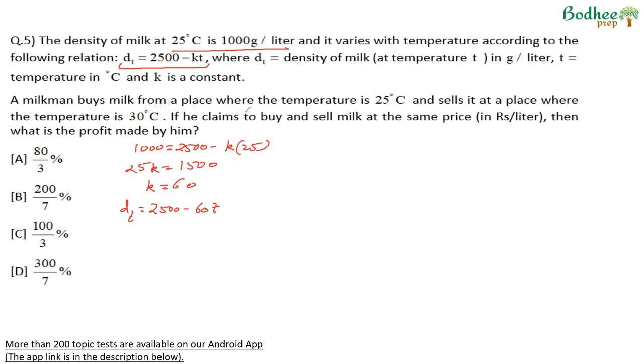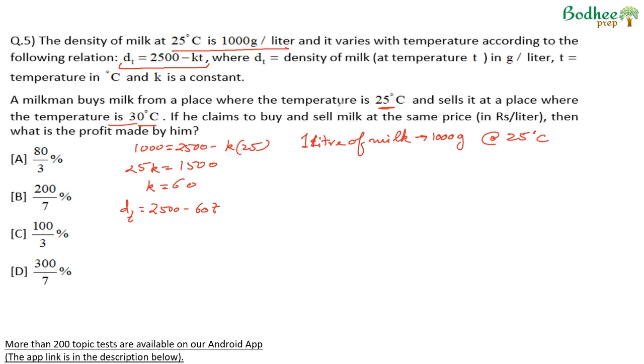A milkman buys milk from a place where the temperature is 25°C and sells it at a place where the temperature is 30°C. Suppose a person buys 1 liter of milk, which will be 1000 grams at 25 degrees C, and goes to sell this milk.